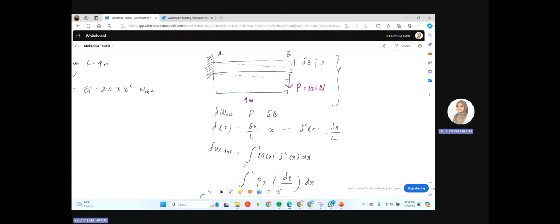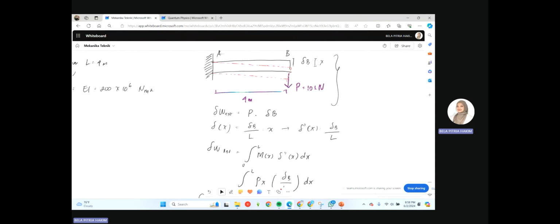So when the cantilever beam has a fixed support at A, and is given the external force P at 10 kilonewton, the displacement at B, which we call delta B, is about 10 millimeters. That's how we solve this kind of problem.